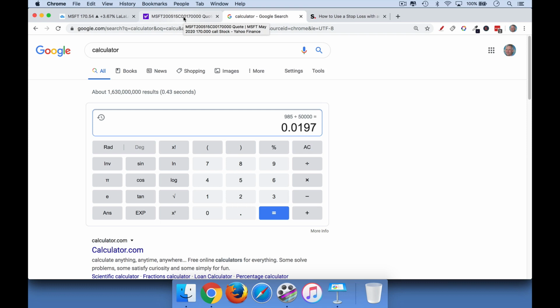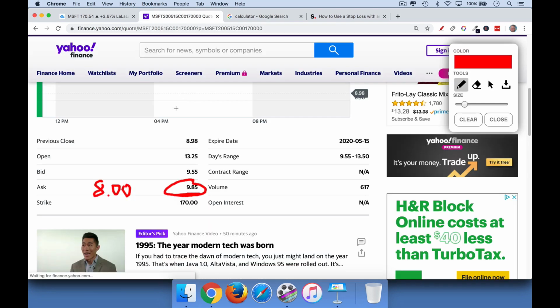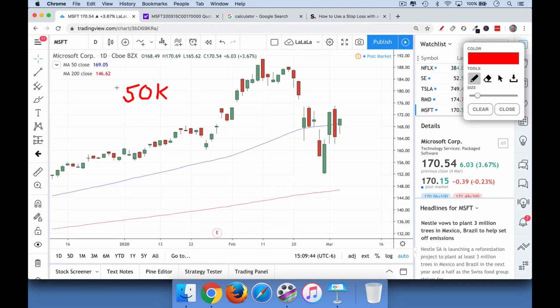So if I'm risking 2% on a $50,000 account, I want a 2% stop loss. That's roughly $1,000.